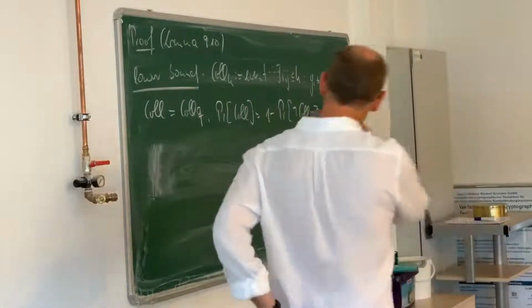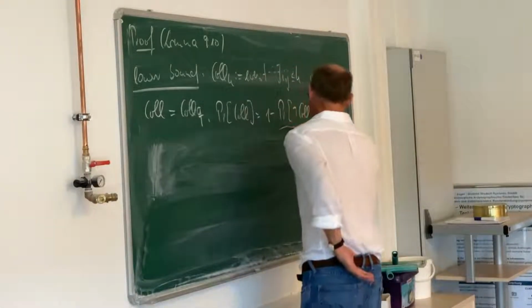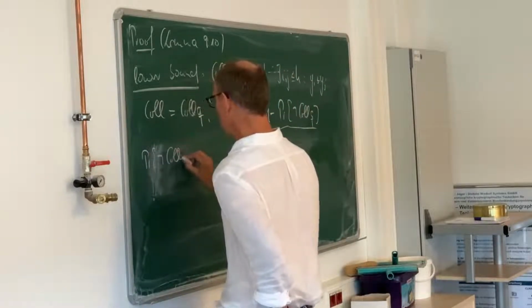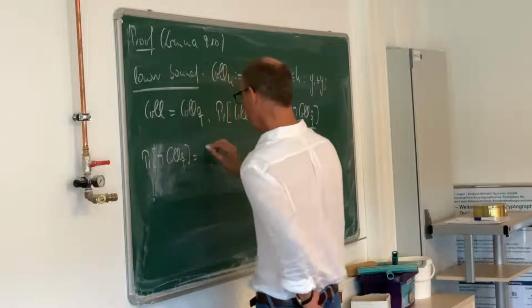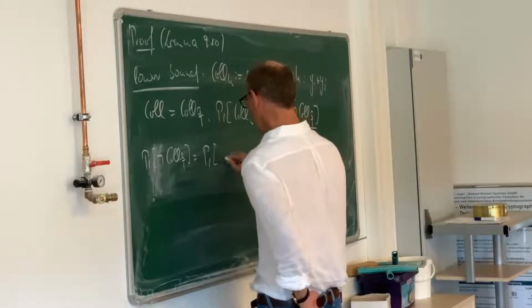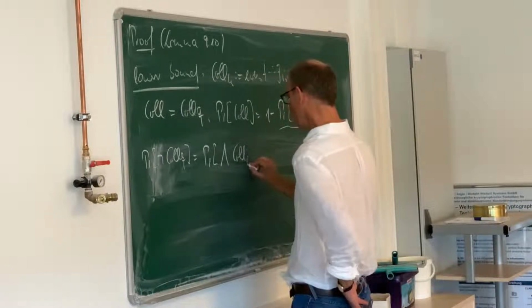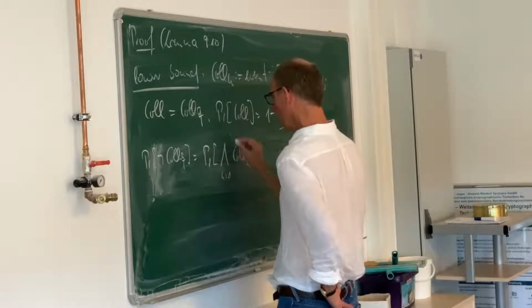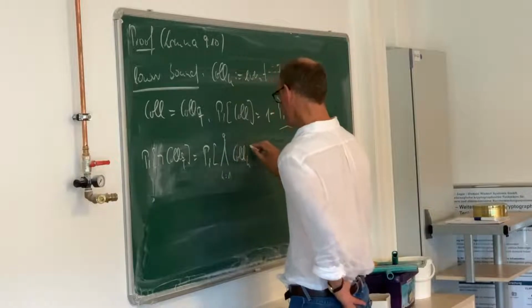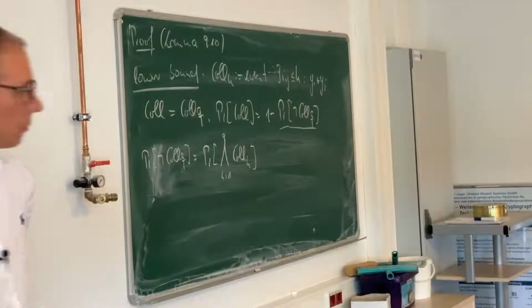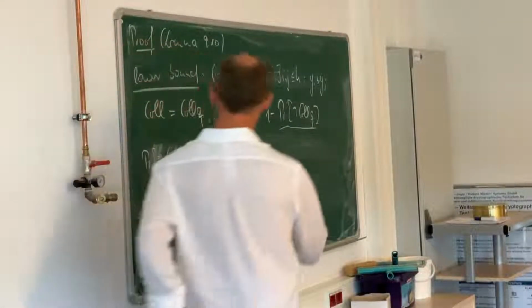Okay, so now let's look at this probability here. So the probability for not collision Q is the same as probability. Now I do the big intersection, not collision K, K from 1 to Q. Not collision, sorry, yes, not.